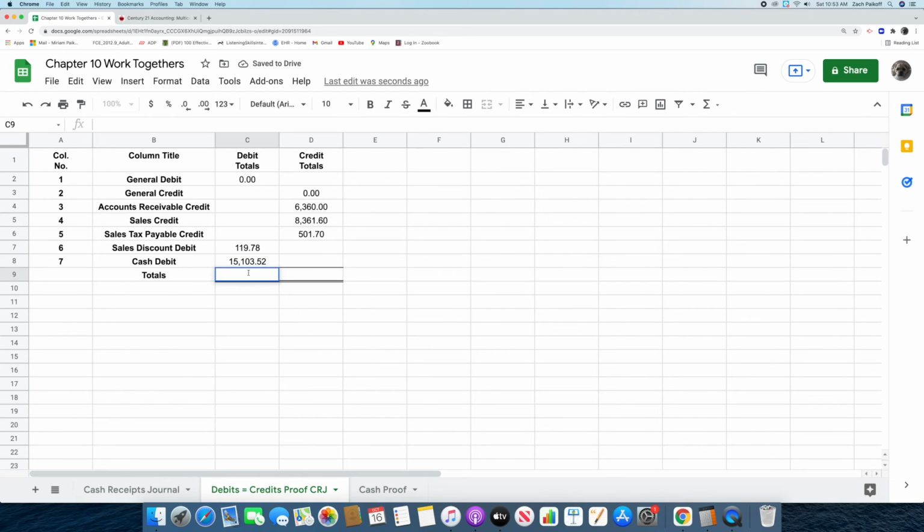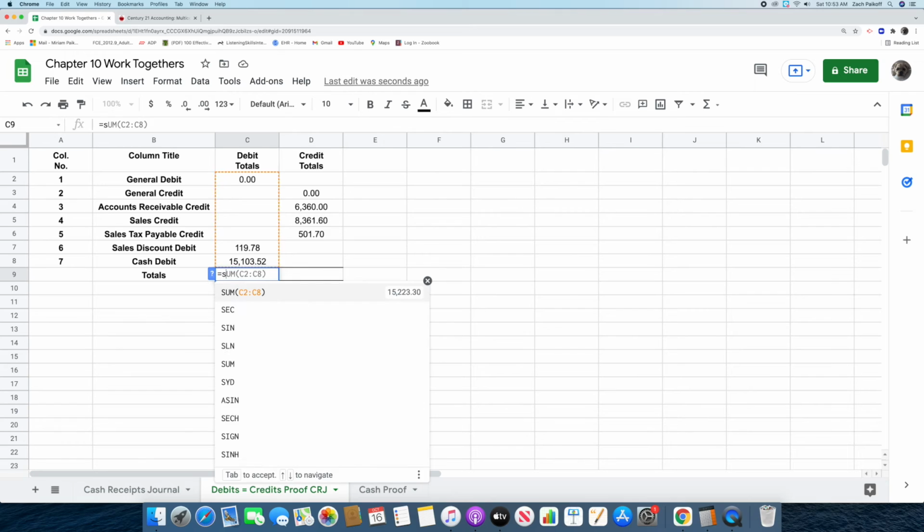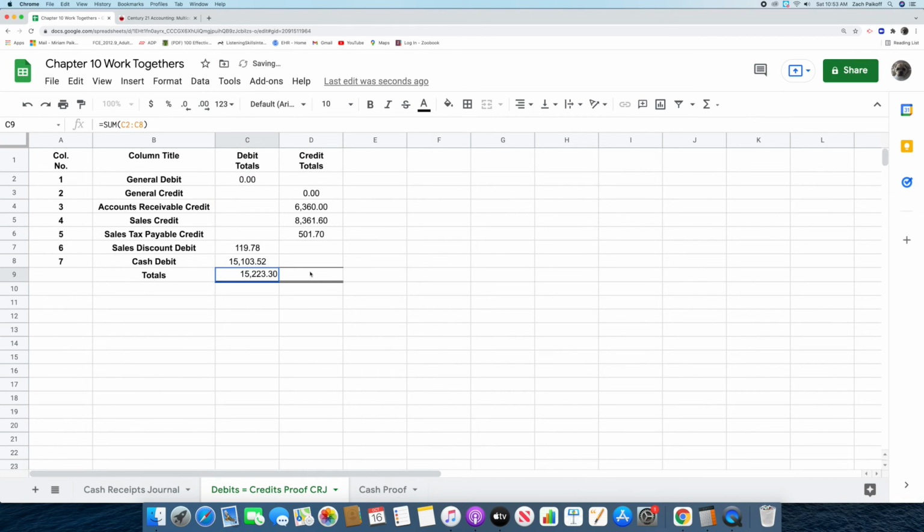Again, we're going to use the sum formula to calculate the total for the debit totals and also the credit totals, and they both should equal. So we're going to type in equals sum, select cell C2 to C8, and then right-click, and that gives us $15,223.30.